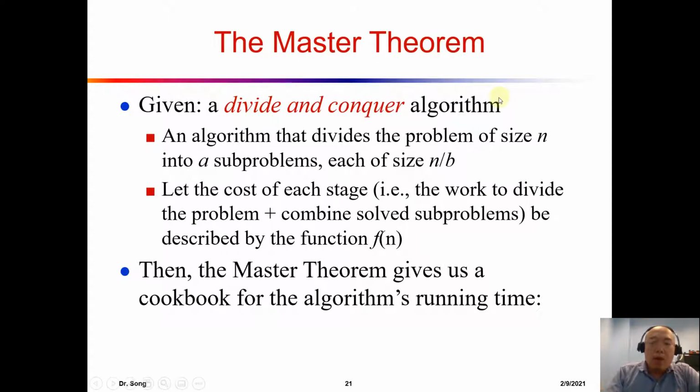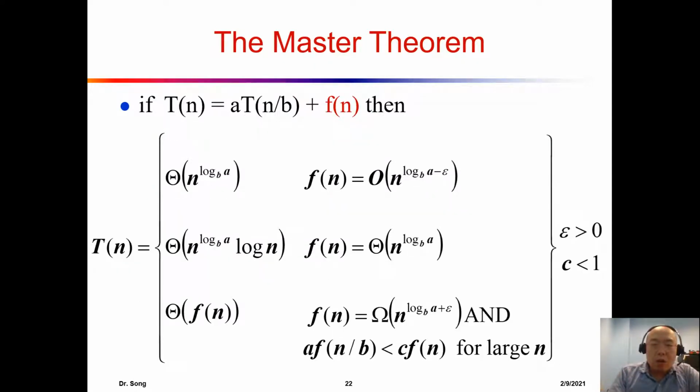So the major change from what we just saw to the master theorem is that we are expecting the aftermath cost to be a function of n. So we are solving a problem like this: T(n) = aT(n/b), but now f(n) will be the additional aftermath cost.